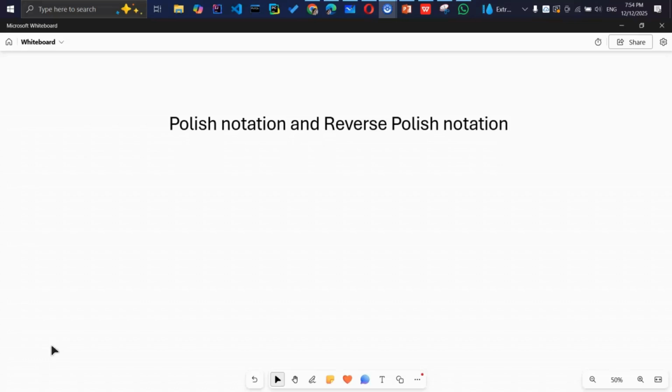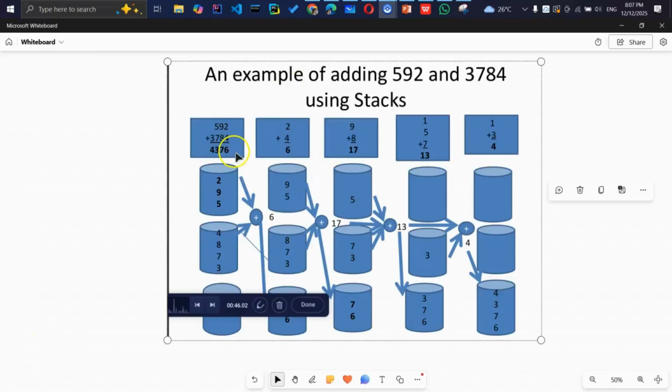Reverse Polish notation is a mathematical notation in which operators follow operands, also known as Polish postfix notation or simply postfix notation. Can you understand this? I know you can't.